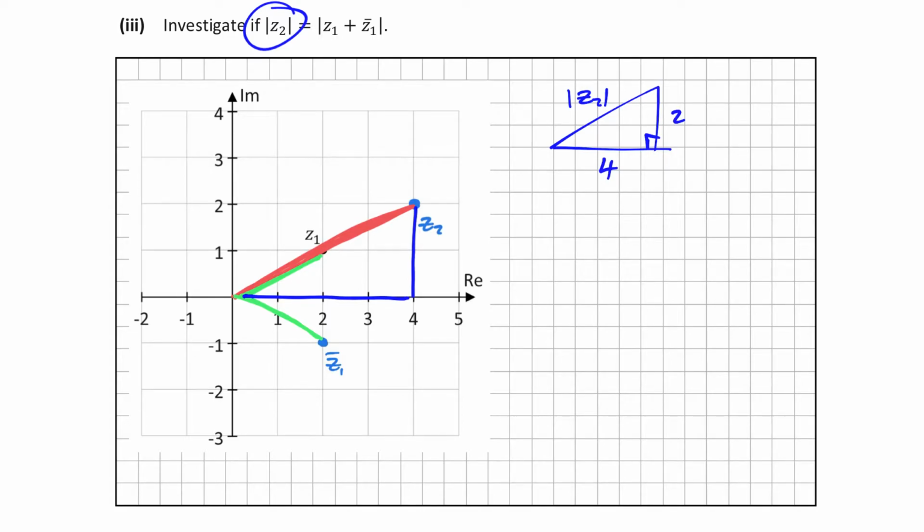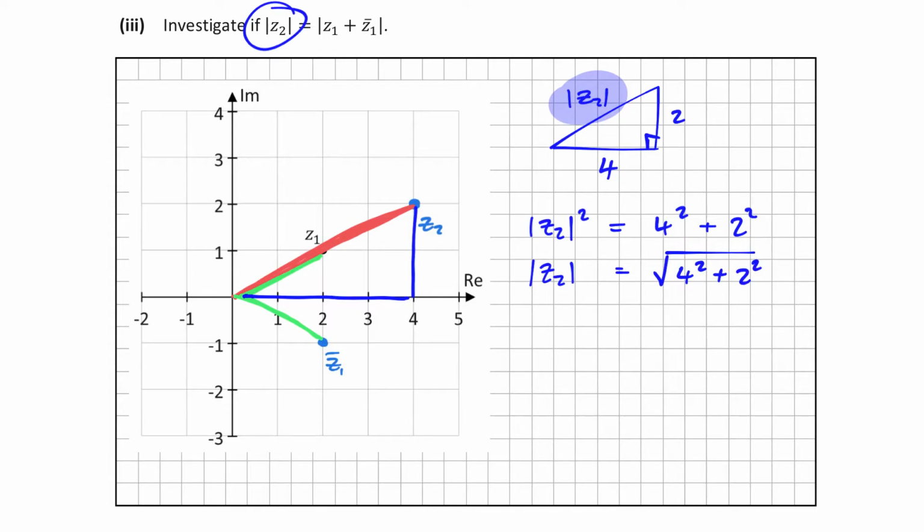So we're going to use Pythagoras' theorem. It's the hypotenuse squared. So the length of z2 squared will be equal to the other two sides squared, so 4 squared plus 2 squared. That will tell us that the length of z2 will be equal to the square root of 4 squared plus 2 squared.